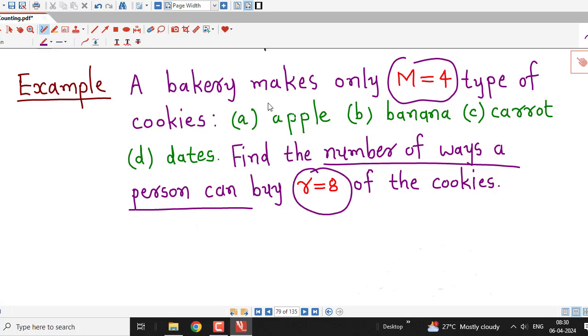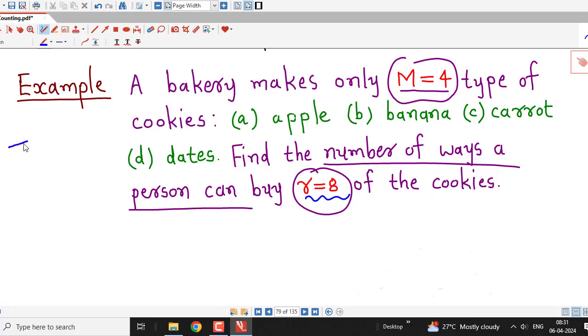So here some bakery is making 4 types of cookies. Type of cookies are denoted by capital M, and some person wants to buy 8 cookies out of these 4 types of cookies. So we have to decide in how many ways a person can select 8 of the cookies out of 4 types of cookies.